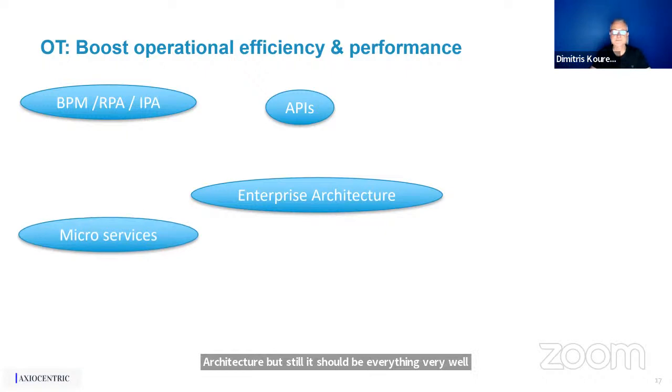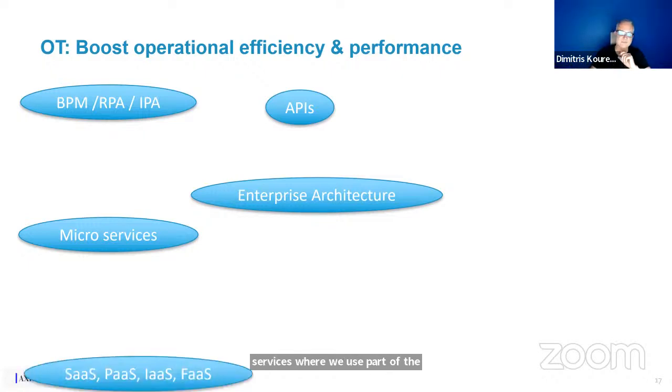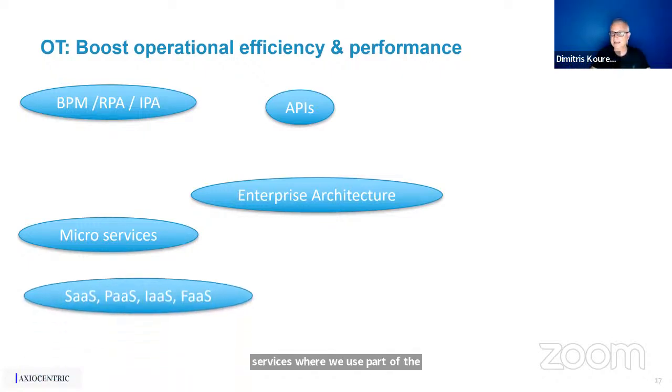We're talking about microservices, where we use part of the services or we provide microservices. Everything becomes more and more provided as a service on cloud, so software as a service.